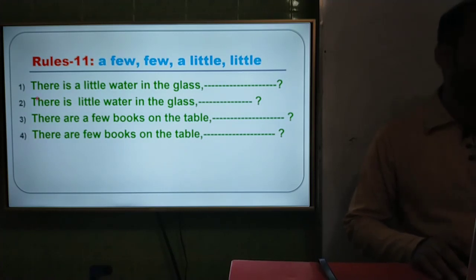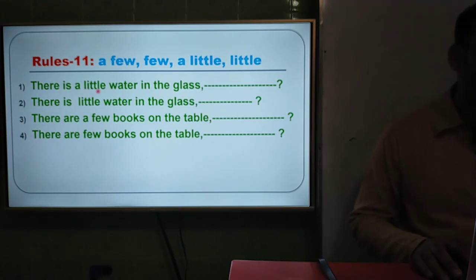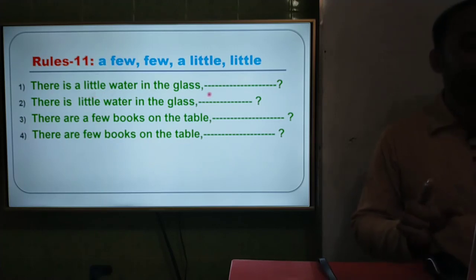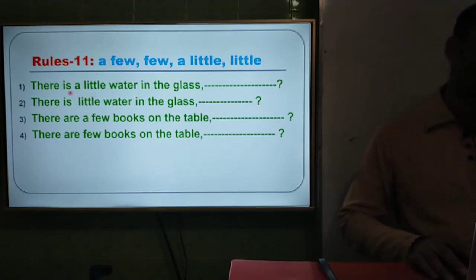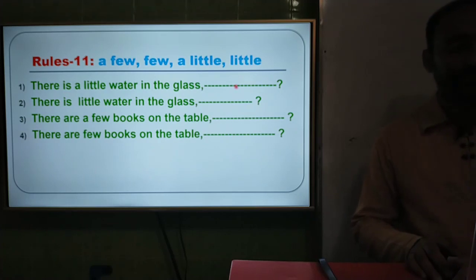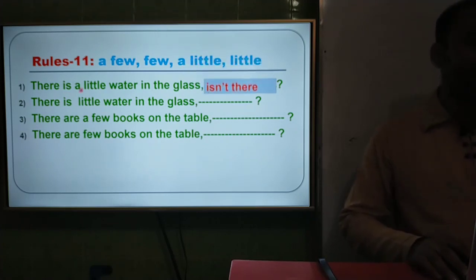Question number 1. "There is a little water in the glass." Here we have got "a little". So dear students, according to the rule, this is an affirmative sentence, so the tag question will be negative. We have also got the operator "is", so the tag question will be "isn't there".